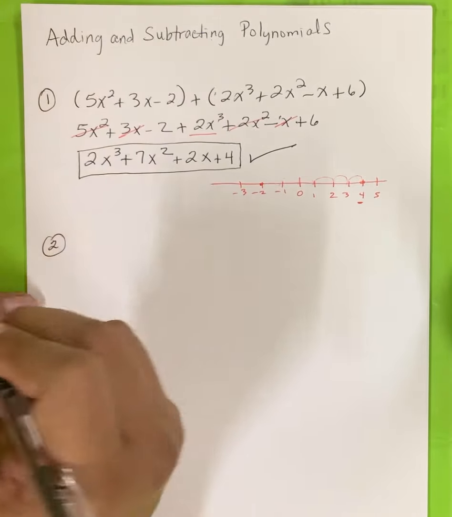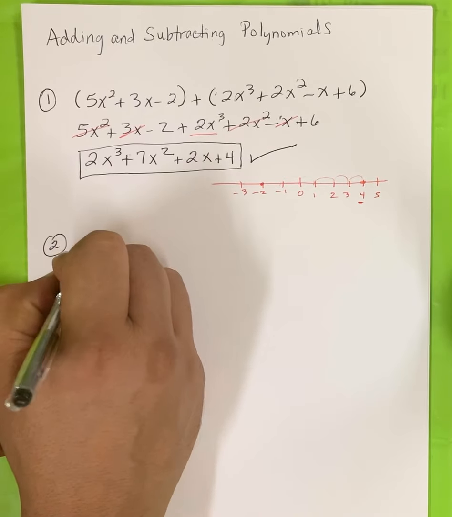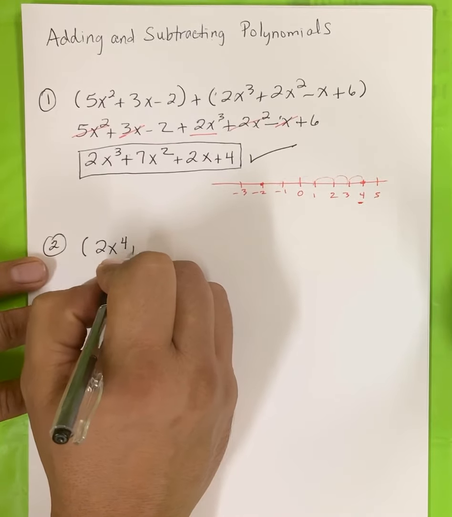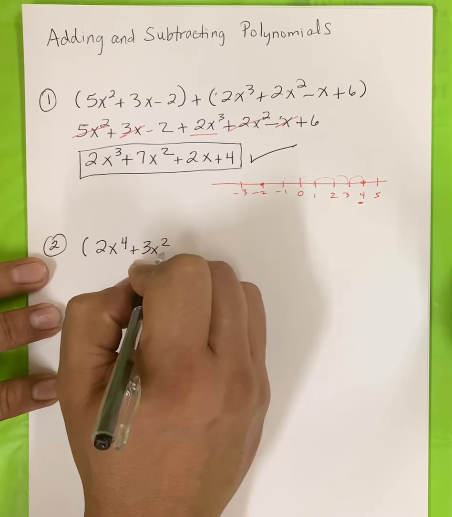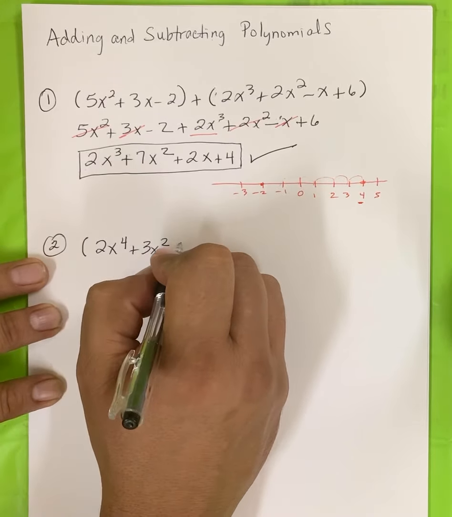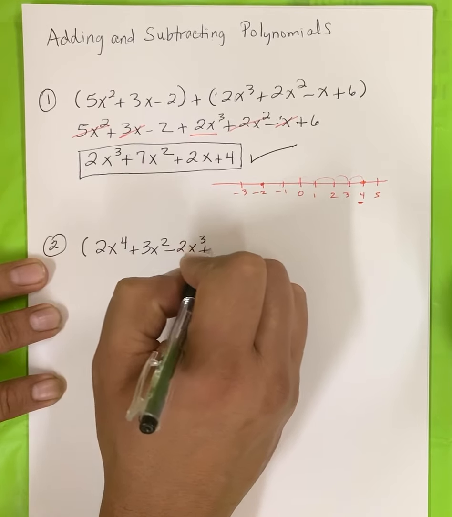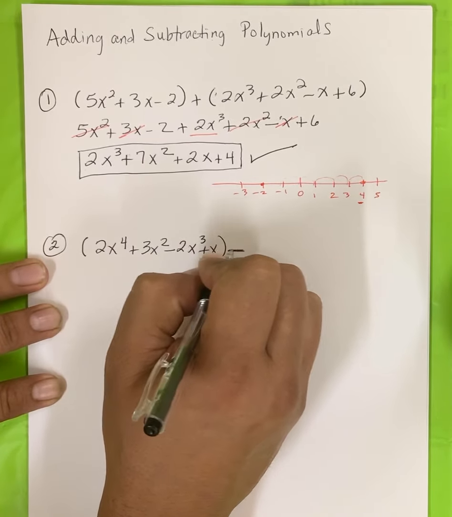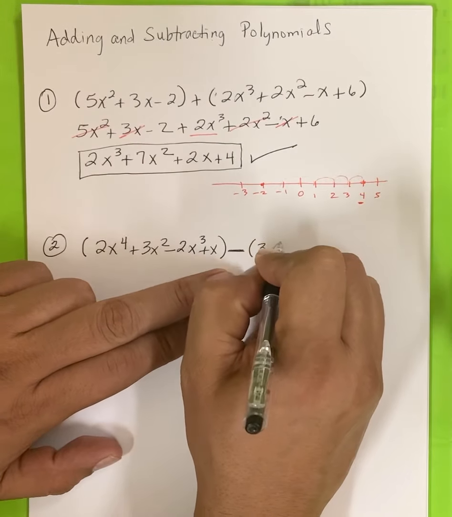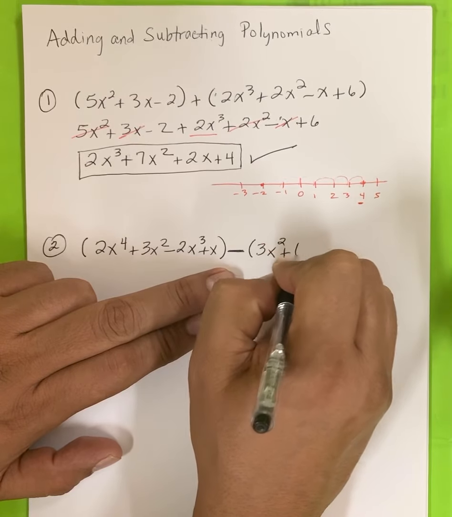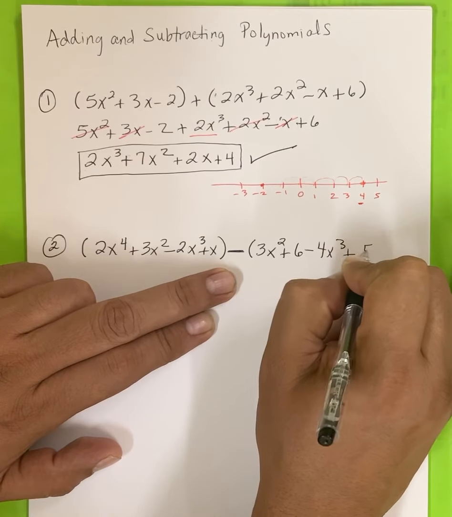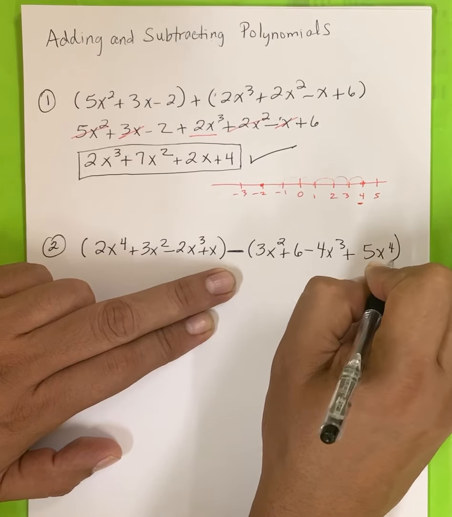Let's go ahead and subtract this polynomial: open parentheses, 2x to the 4th power plus 3x squared minus 2x to the 3rd power plus x, minus, we're subtracting, 3x cubed plus 6 minus 4x to the 3rd power plus 5x to the 4th power.